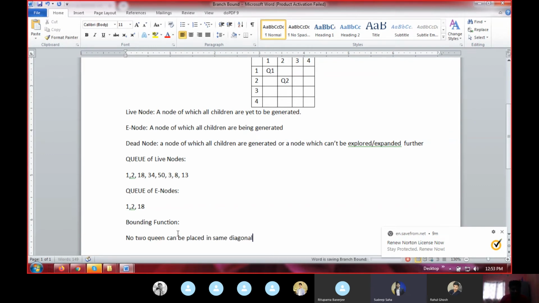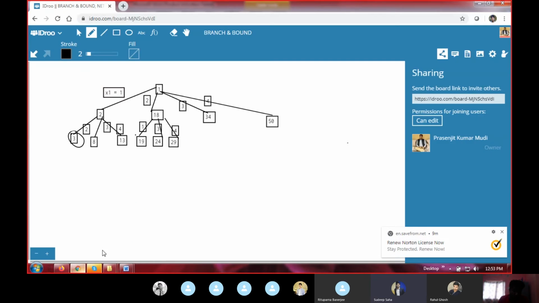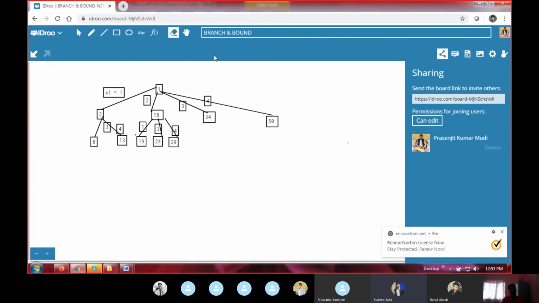So this is my bounding function. As per the bounding function, x1 equal to 1, x2 equal to 2 is not possible. So we want to delete this node immediately. Okay, so this is the tree construction so far.